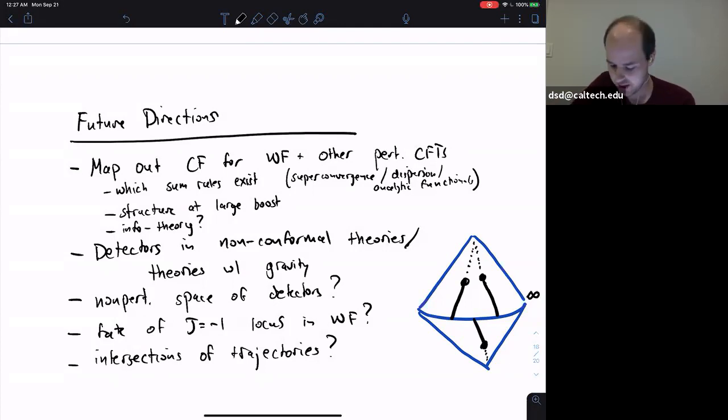Yeah, I have to say, if someone just handed me this thing and said, hey, this is my favorite operator, can you compute something with it? I would say, why do you want to know about that operator? So personally, I think it would be nice if there were some non-perturbative characterization of why these are so nice.